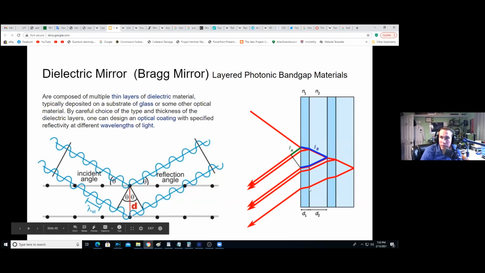But what a Bragg mirror, or a dielectric mirror, does is it tunes each one of these layers to those next frequencies, so that when they bounce off, all these frequencies sort of bounce back off. And it's very interesting what you can do.